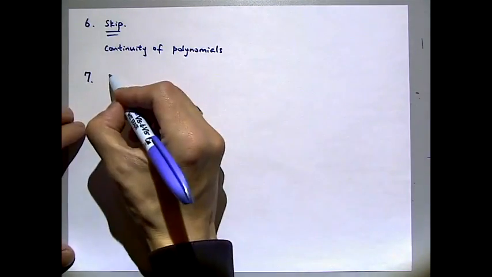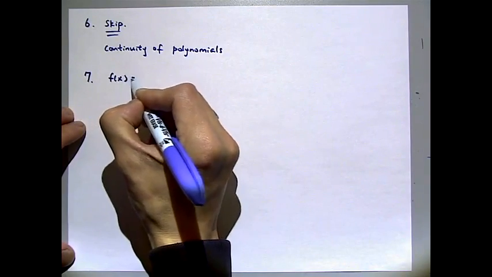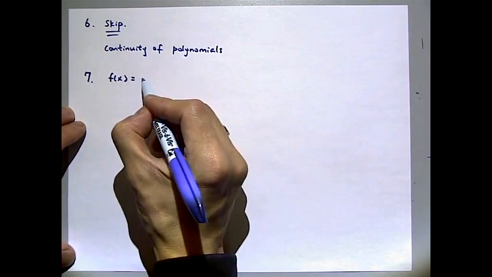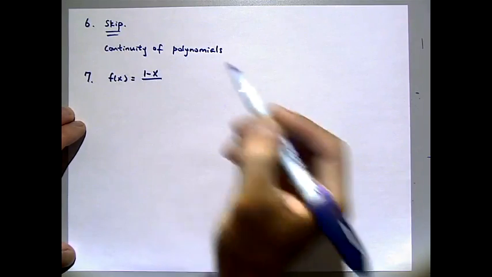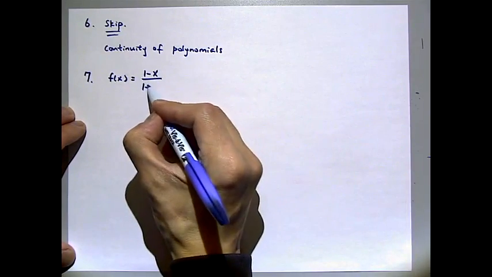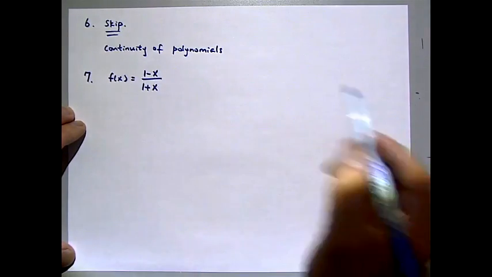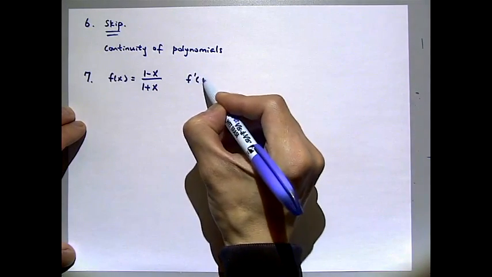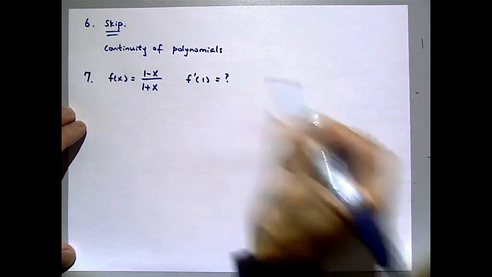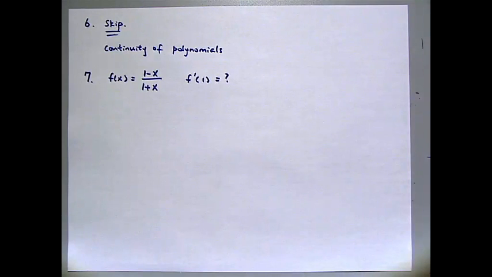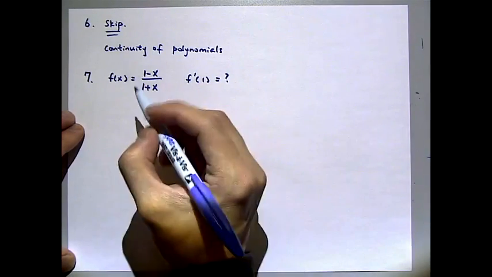Let's look at 7. Okay, another pretty straightforward problem. Taking the derivative, plugging 1. Here we have a quotient, so we have to use quotient rule. Actually, you have two choices.